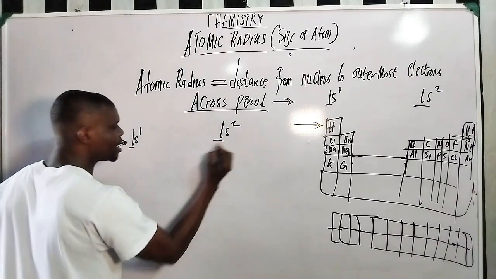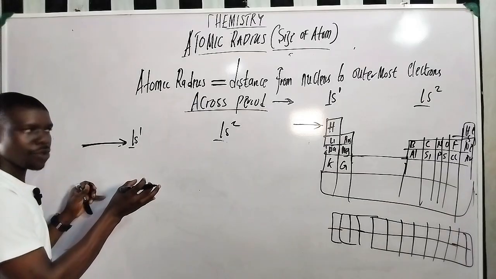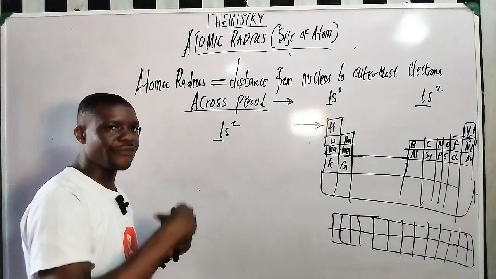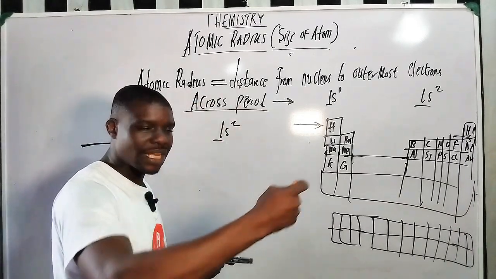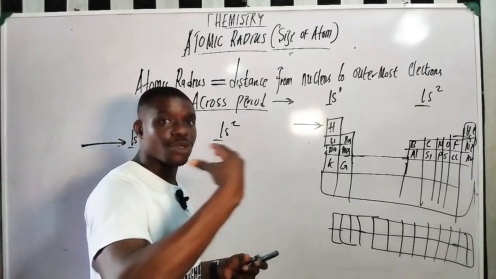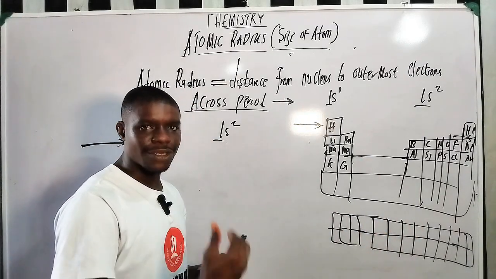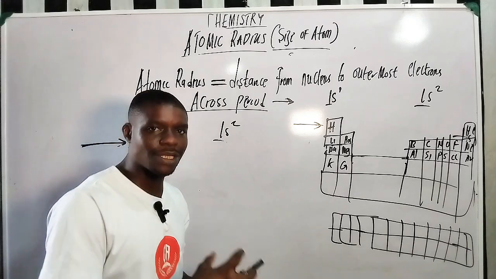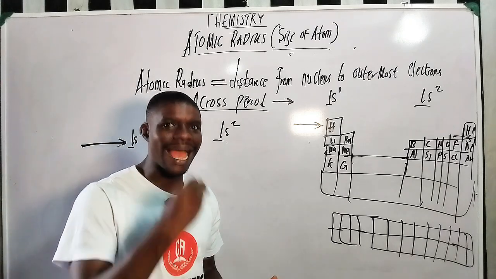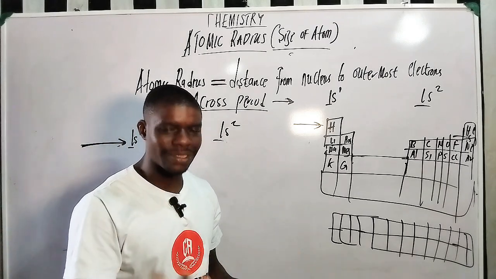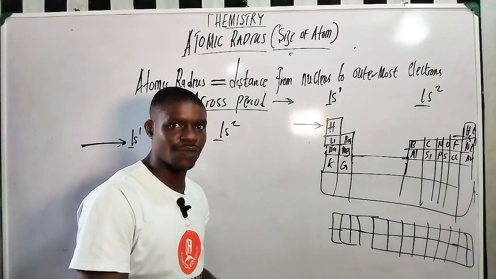They have the same energy level, which is the same shell, but you can see that as the number of electrons increases, the number of protons also increases. The size of the atom depends on the number of protons. The higher the proton number, which is the nuclear charge, the smaller the size of the atom.